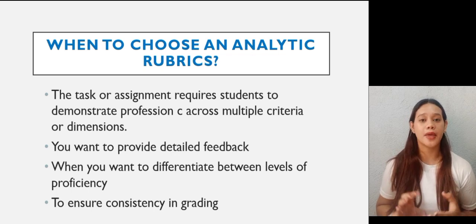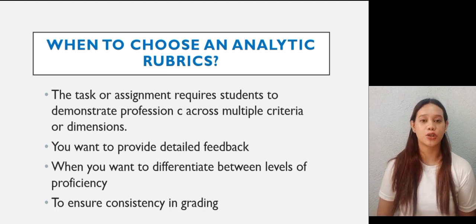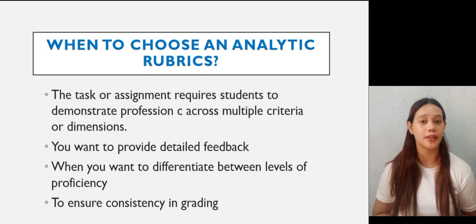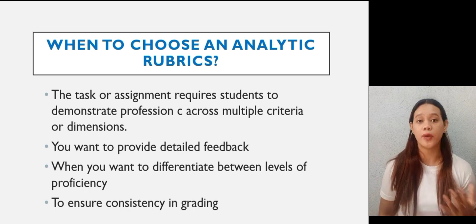Analytic rubrics allow for finer-grained distinctions between levels of proficiency, and each criterion is evaluated separately. This can help you identify specific areas where a student is strong or weak on that particular performance task.